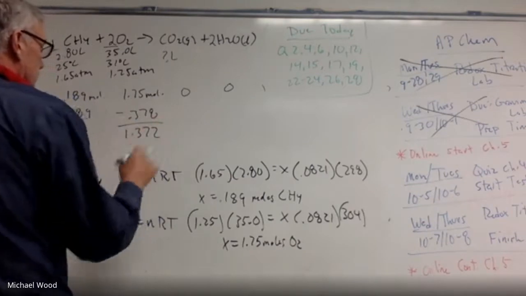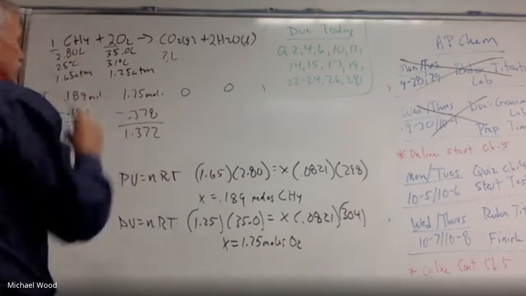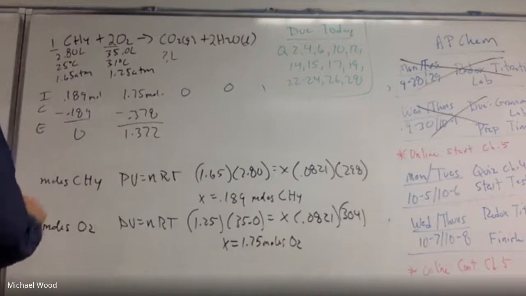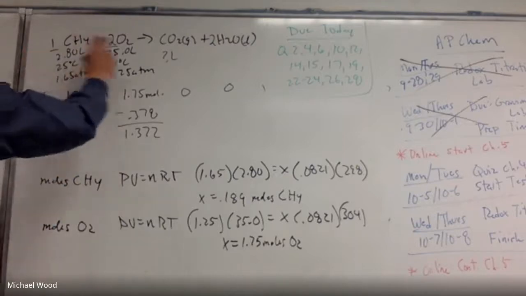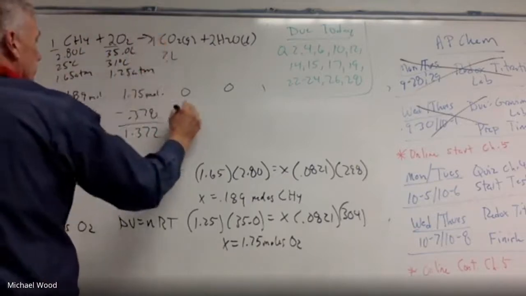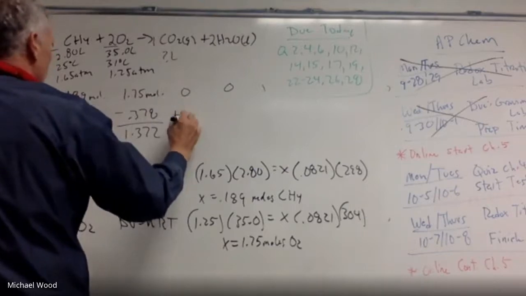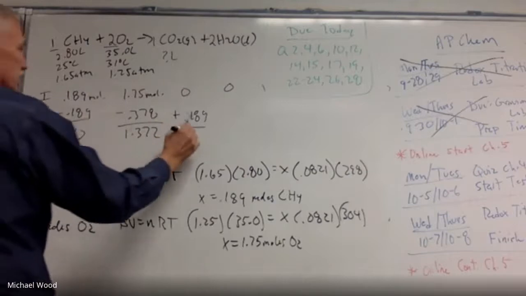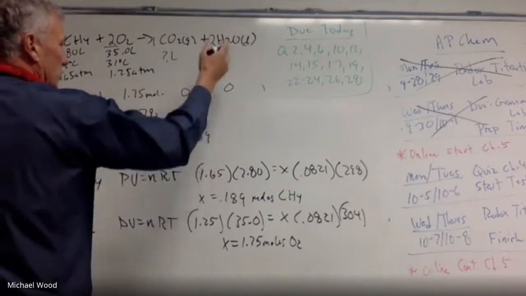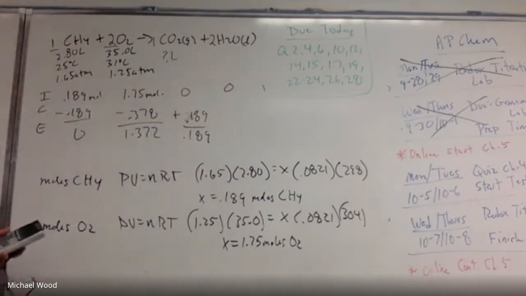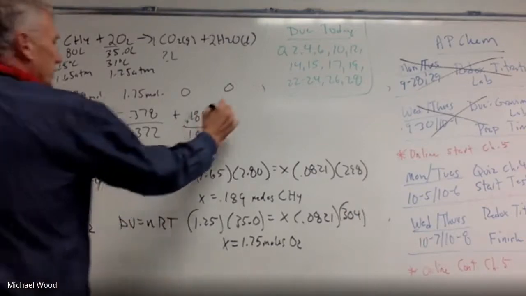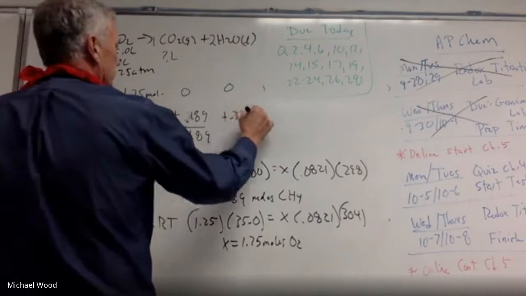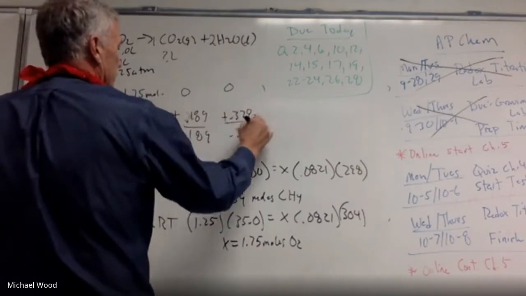I know my sig figs aren't right, but we'll come back to that and we'll round at the end. And then it's 1 to 1, so how much I would have made here would have been 0.189. It's all based off this. Water is not a factor here because it's not a gas. And so water would have been plus 0.378. And again, it's not a factor.